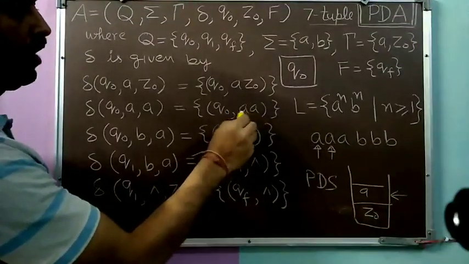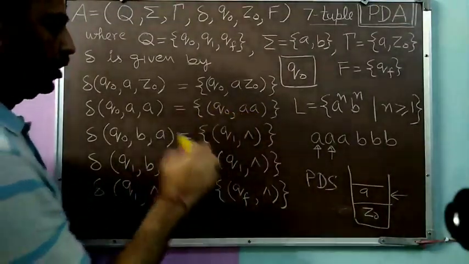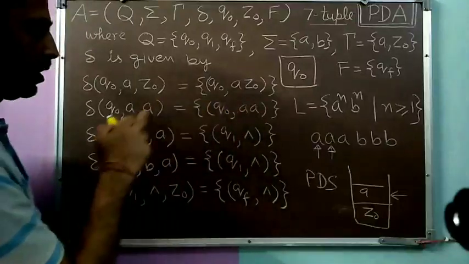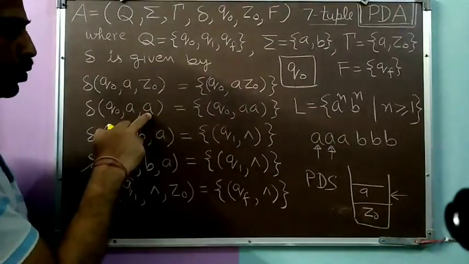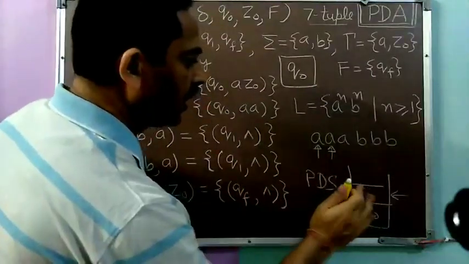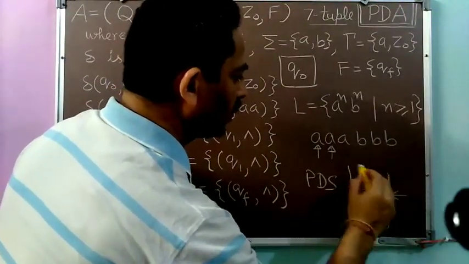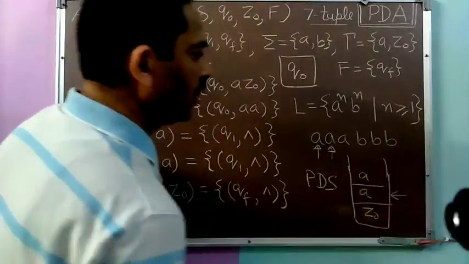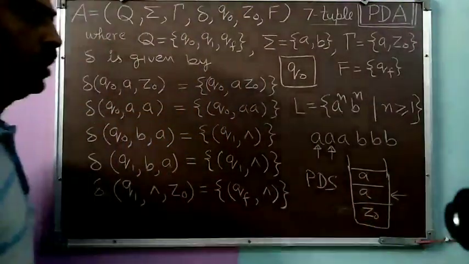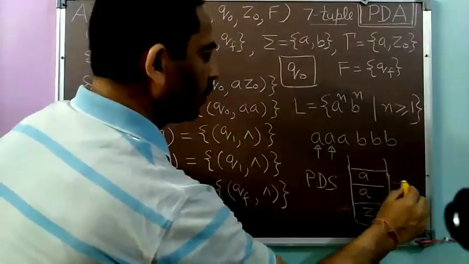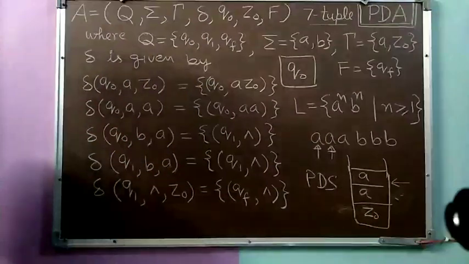Then I have to write double A. Before writing this double A, I remove the topmost pushdown store symbol, so I remove this A and write double A. Means I am pushing these A's. And now this A will be the current top of the pushdown store.